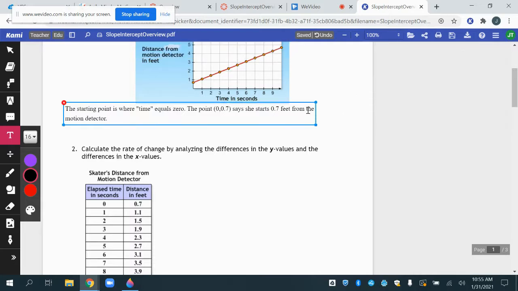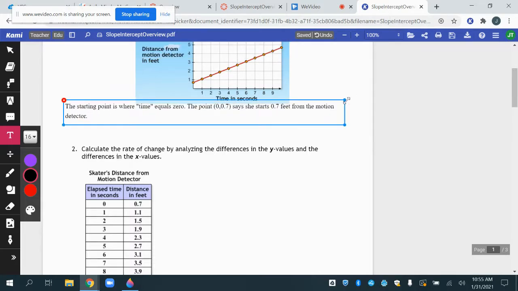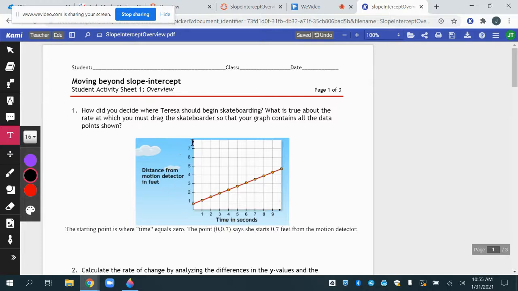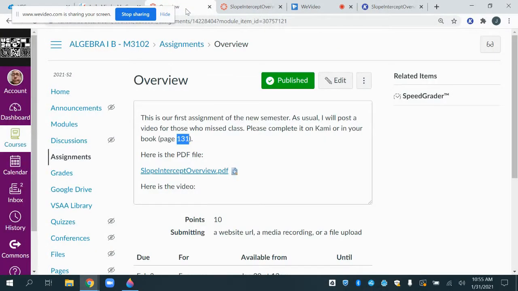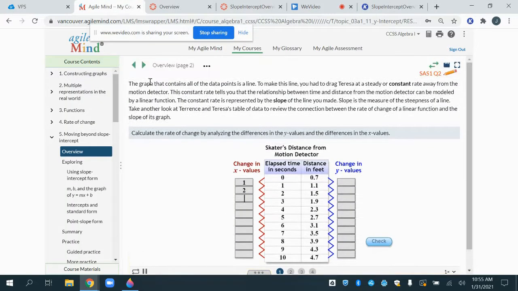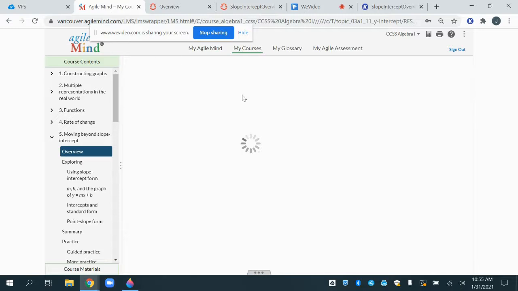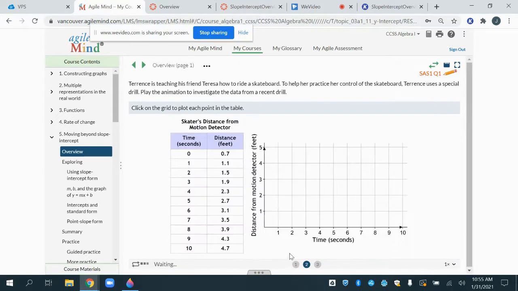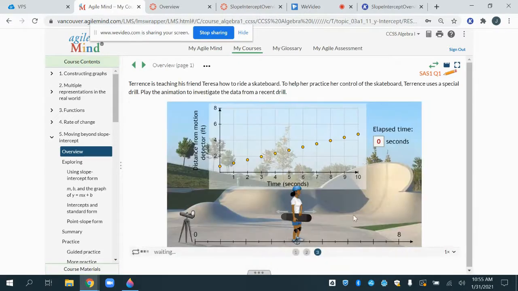Now we've already done this kind of stuff. So I hope that for anyone who's jumping into this class, this is not too complicated. Let me just remind you, when we talk about the motion detector and all this stuff, you might as well understand what we're talking about. In this problem, especially if you're new, you'll notice there's her and there's him, and he was pulling her.